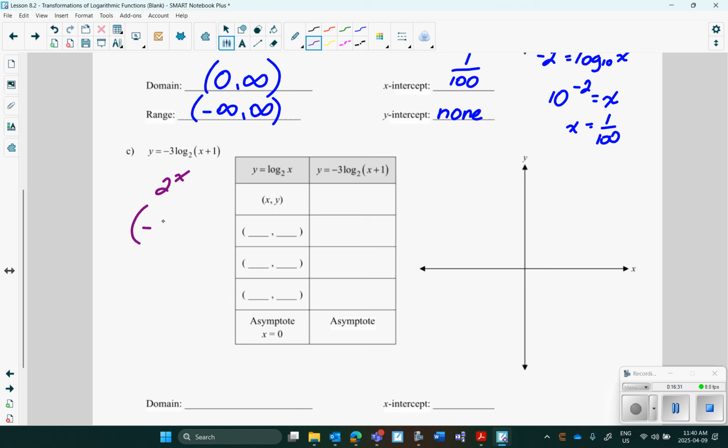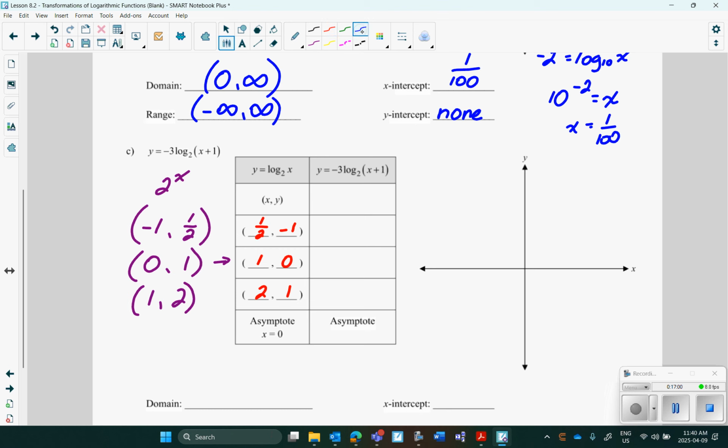So we get -1, 1/2, 0, 1, 1, 2. Reverse them to get the log. Nice. So now we've got the points for the log base 2.